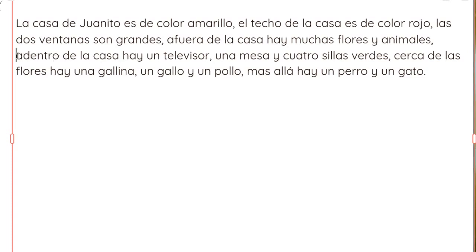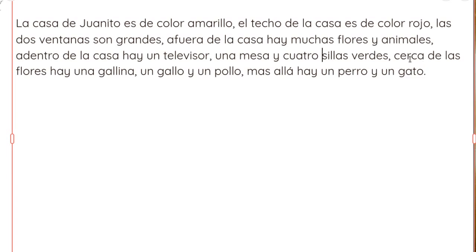Adentro, we saw it already, is inside. Hay un televisor, television set, una mesa, we know it, y 4 is number 4. Sillas, we know it, verdes. Okay, what is verde? Las sillas. Las sillas son verdes.